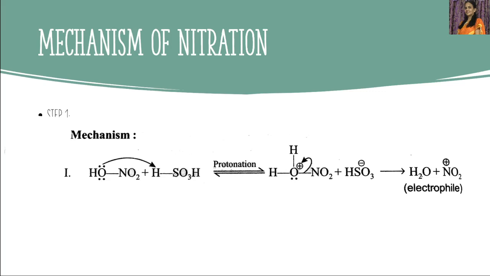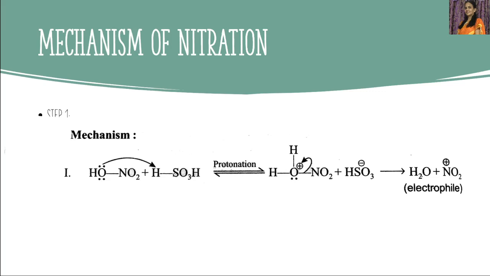Due to the presence of a lone pair of electrons on oxygen, nitric acid abstracts one proton from sulfuric acid. Then we get protonated nitric acid, and this protonated nitric acid breaks here to form H2O and NO2 plus.